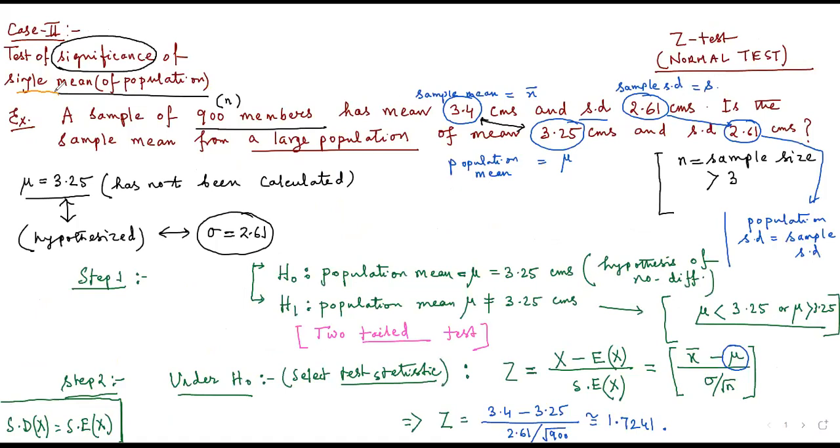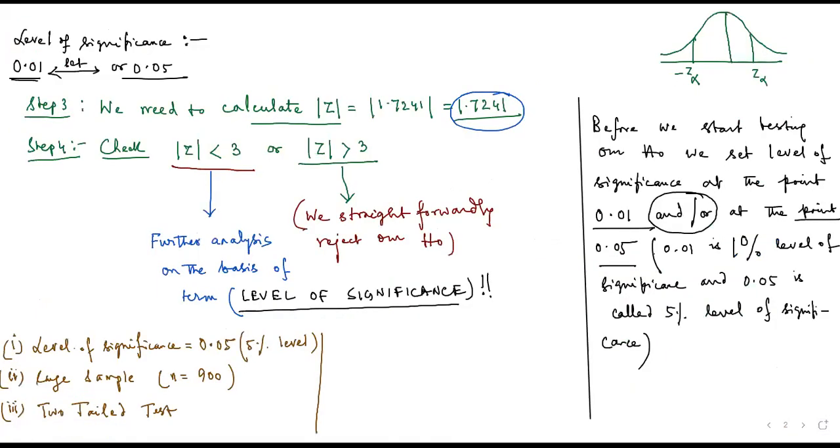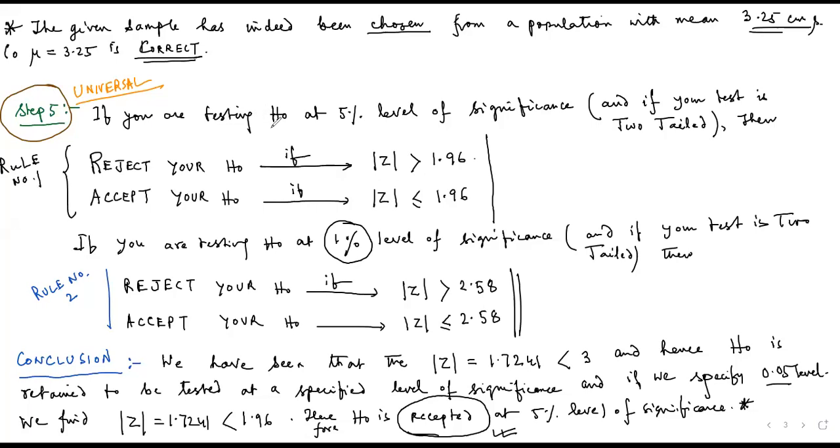And there are some other cases like test of significance of difference of means and difference of proportions. In every case, if the sample is large, these rules defined in step number 5 will not change. They will always remain fixed.